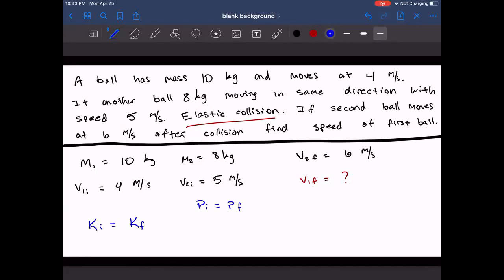But I believe that he wants you to use this one. It's no different, so please don't be discouraged. It's literally the same thing, but obviously kinetic energy is a different equation than momentum. So see if you can do it using this one instead.